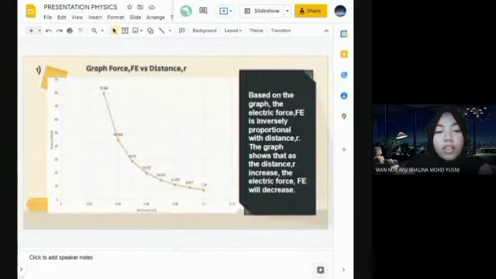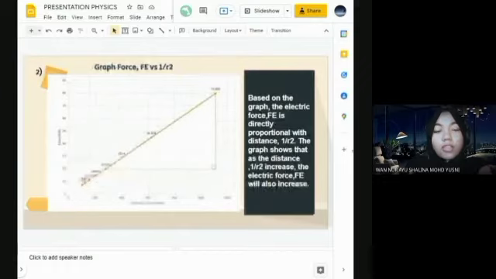Okay, in this slide, we can see the graph of force Fe versus distance R, and based on the graph, the electric force Fe is inversely proportional to distance R. The graph shows that as the distance R increases, the electric force Fe decreases. Okay, next.